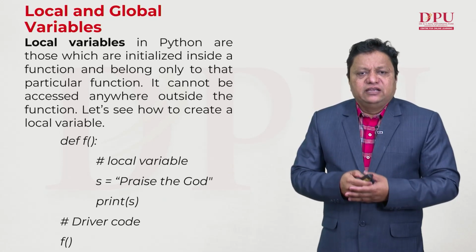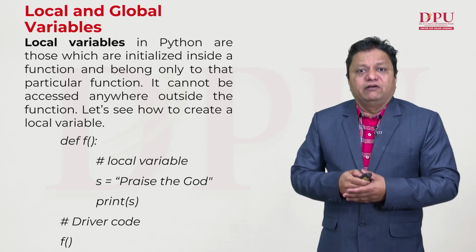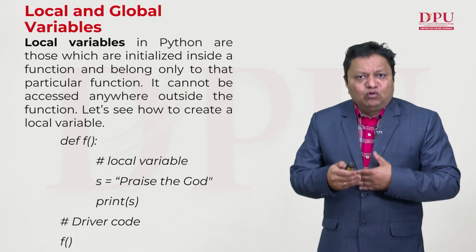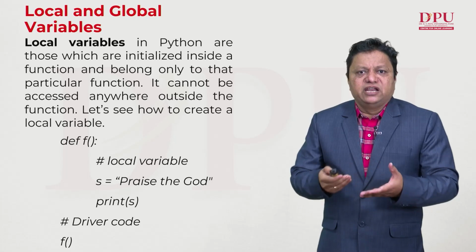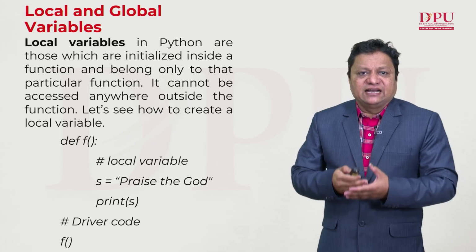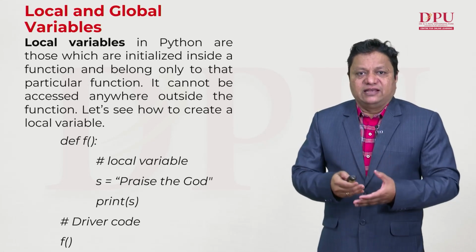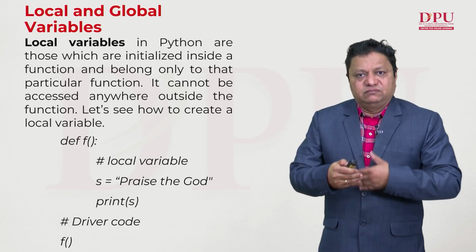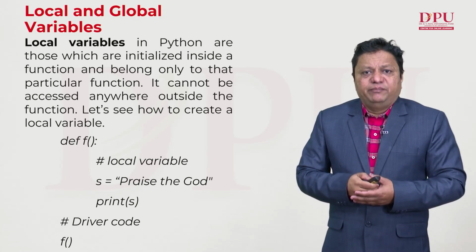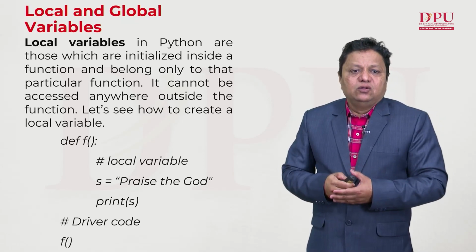But on the contrary, if a variable is defined outside of that block, then as long as the program is running, we can refer to the value of that variable, which is called a global variable. So, this is the basic difference between a global variable and a local variable.